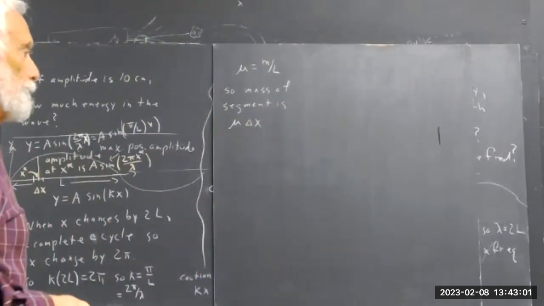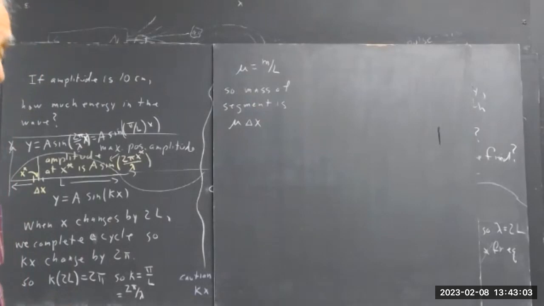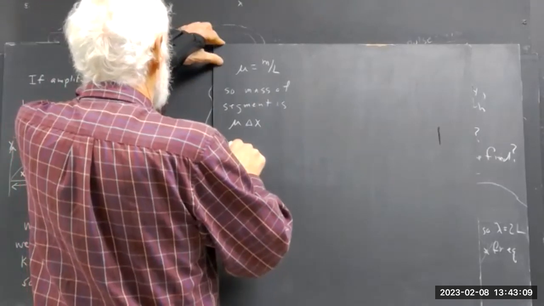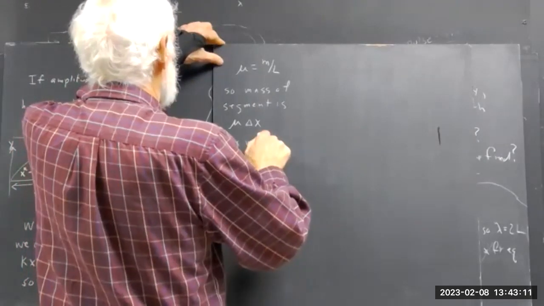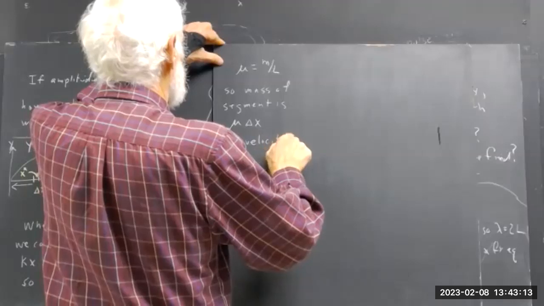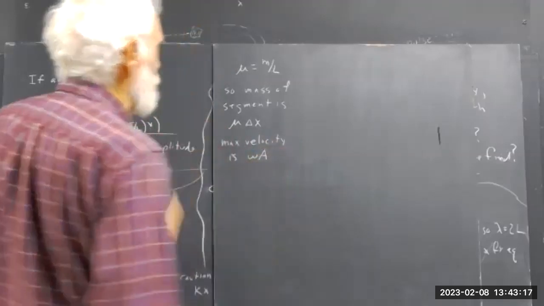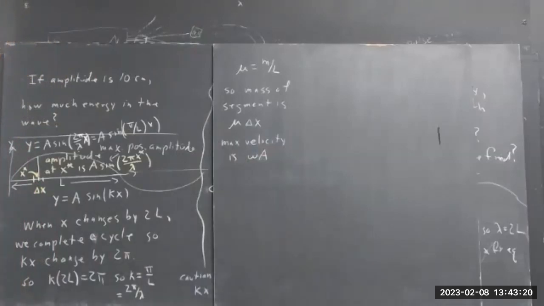Delta mass of the segment is mu delta x. Maximum velocity is omega A.